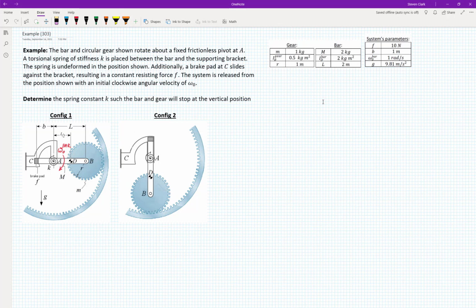We know distance B. We know that our bar starts with some angular velocity, omega 0 bar. And we also know that at configuration 2, the system stops. And there is no slip basically here. It's a gear, so there is no slip.